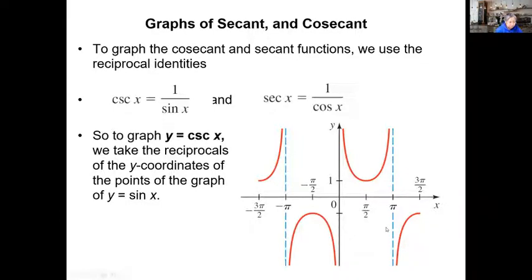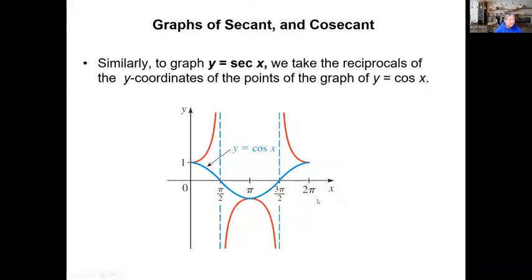Then it's a very similar manner for the secant. The secant curves are happening around the cosine graph, which is currently highlighted in blue.